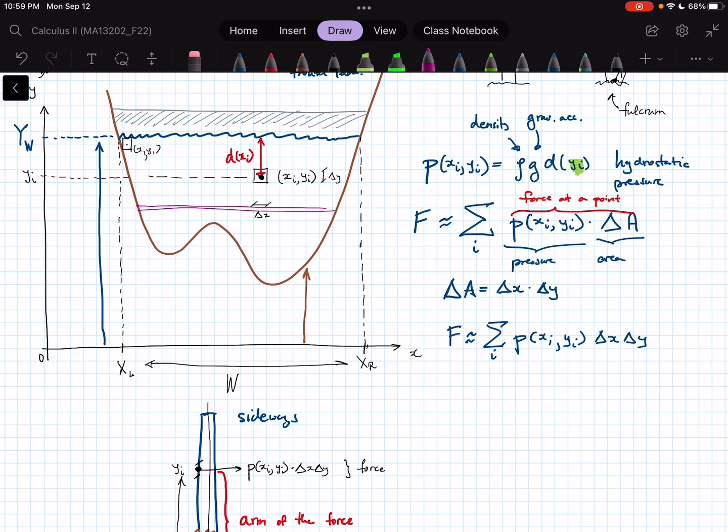And this fulcrum distance is going to be at a constant elevation for us. And in fact, we're going to place it exactly at the minimum of our bottom profile.